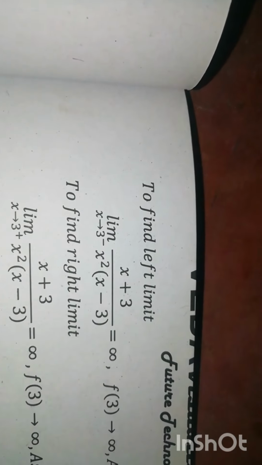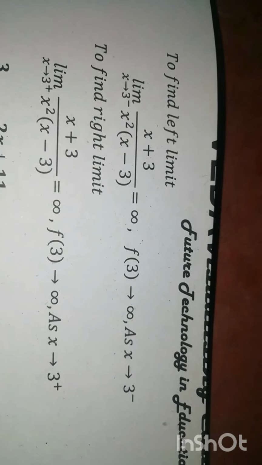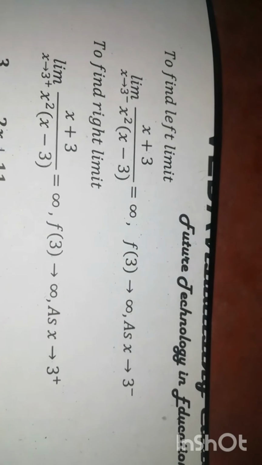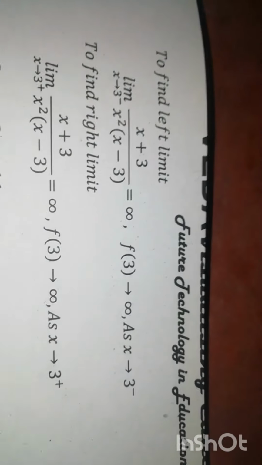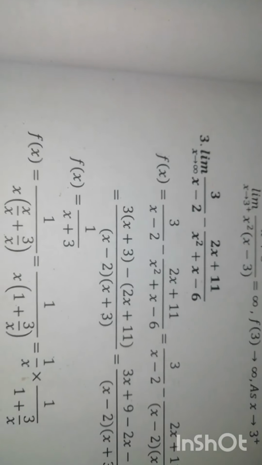We get the answer for the left hand limit: infinity. The right hand limit also gives 3 minus 3, 0, so infinity. So left and right, this function is a symmetric function. I will show the diagram now for that type of function. Left and right, the same area is covered.